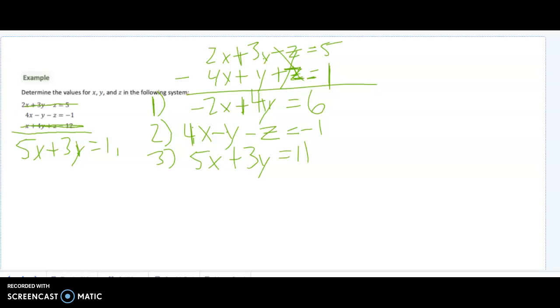So we're going to multiply this by 5. And you got to do both sides. Same thing down here. We're going to multiply equation 3 by negative 2. And we got to do it to both sides. Okay. So if you do that, that now becomes negative 10x.